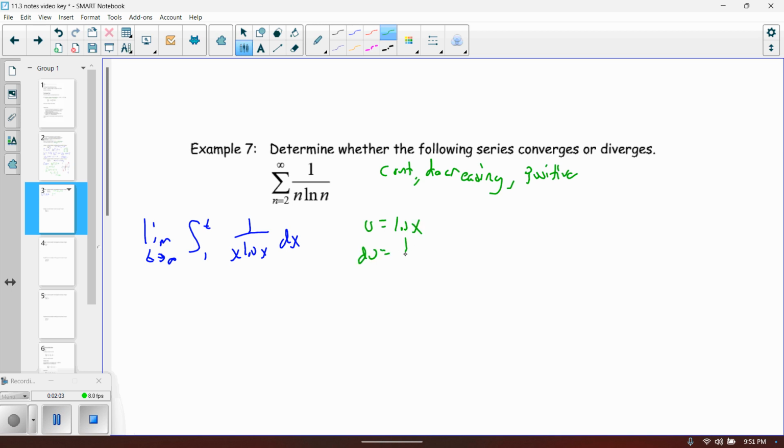So du is 1 over x dx. And you can see that that's there. dx would then be x du. So we'll have the limit as t goes to infinity, integral from 1 to t, 1 over x times u times x du. So those x's are going to go away, which is what we needed.